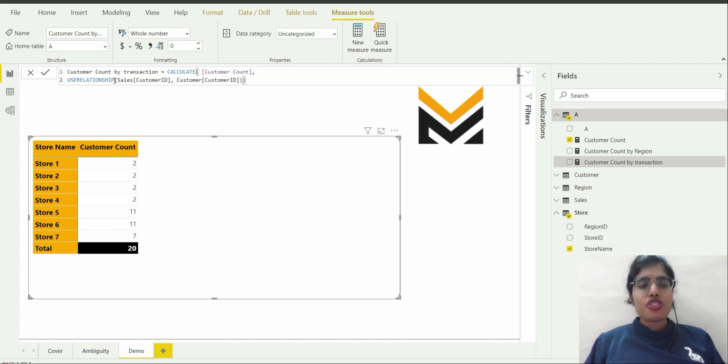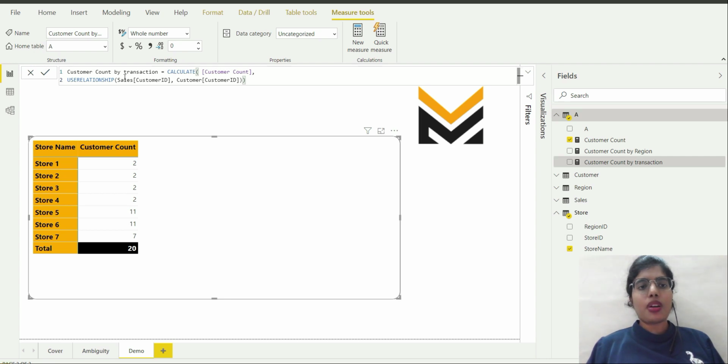USERELATIONSHIP can be used to actually make use of even an inactive relationship. So you can see that customer ID of sales and customer ID of customer have a relationship between them, but the relationship is actually in inactive state in the model.